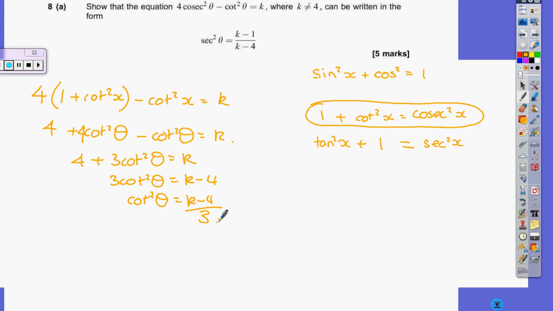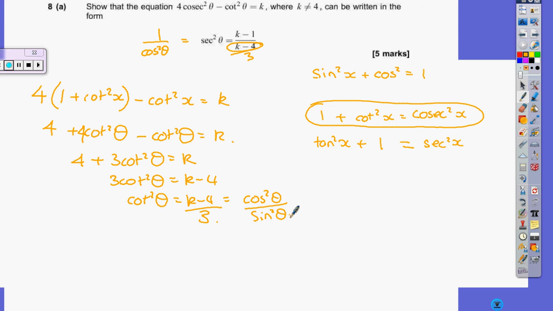So looking back at where I've started, I've got this bit, but I've got it over 3, which is a bit weird. So then I start thinking, sec squared. So what is sec squared? Well, sec squared is 1 over cos squared theta. Okay, and I've got cot squared, which is cos squared theta over sine squared theta. And then how am I going to just get cos squared by itself?